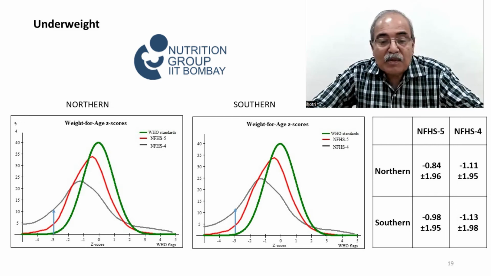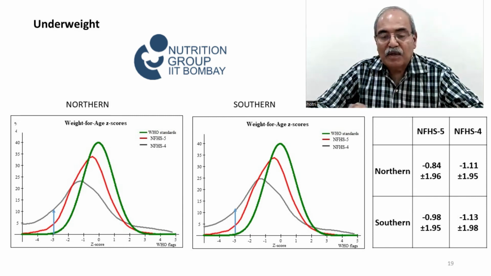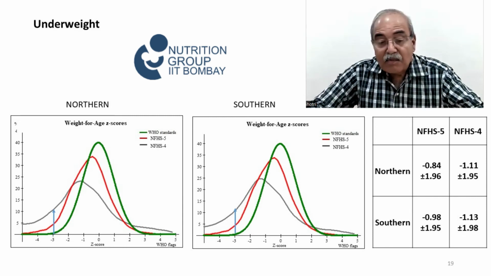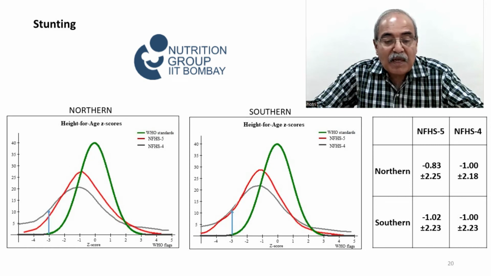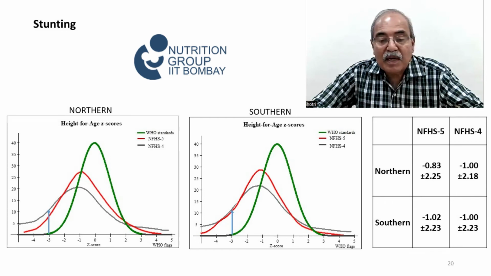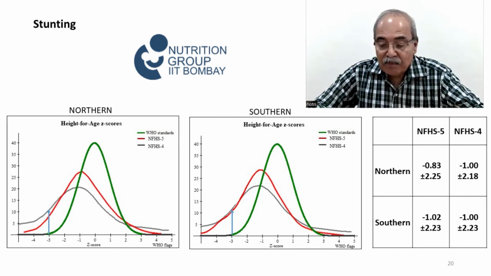So here also you see both northern and southern. The area on the left-hand side of this arrow is very small. So I think Punjab should seriously look at this aspect. Can this be brought to 0? When it comes to stunting, again, we see the northern region has done a wee bit better compared to the southern region.